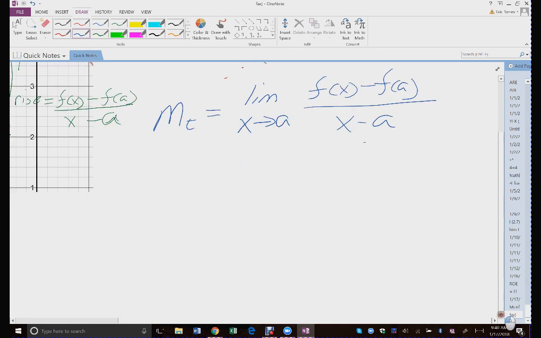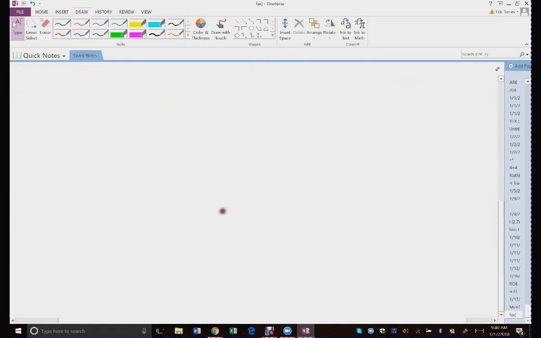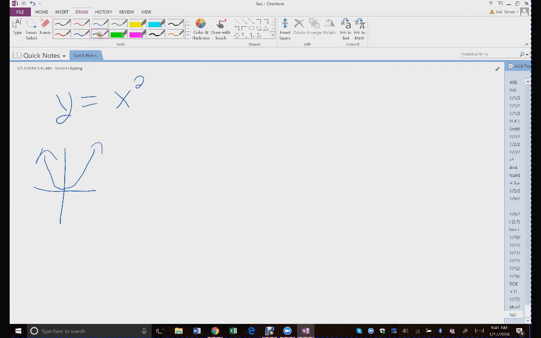So what I'd like to do is we'll come up with a function, nice easy one, y equals x squared. And just a quick rough graph, just a real tiny little rough graph. It looks something like that, a parabola. And I'd like to find the equation of the tangent line that goes through this point here, which is 1.